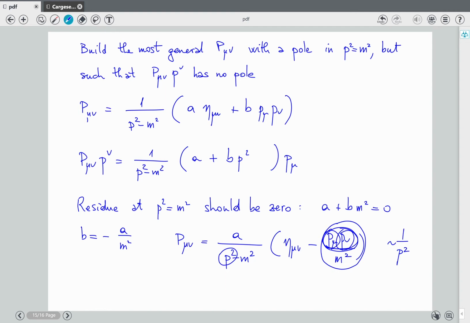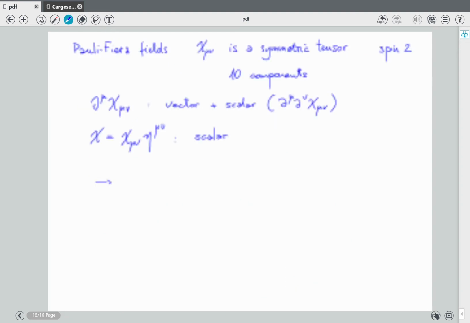So there is one component here that gives trouble with renormalizability. This is a non-renormalizable term, and we must take care of that. The Proca theory is not a renormalizable theory. There is little to do about it.